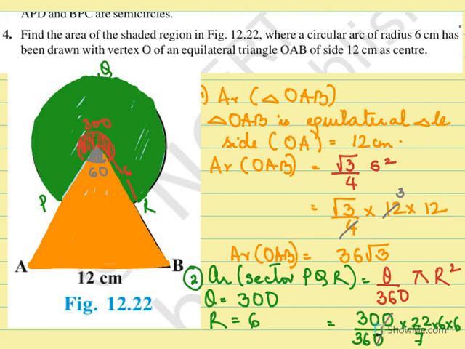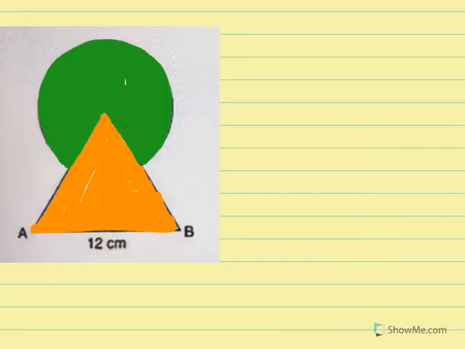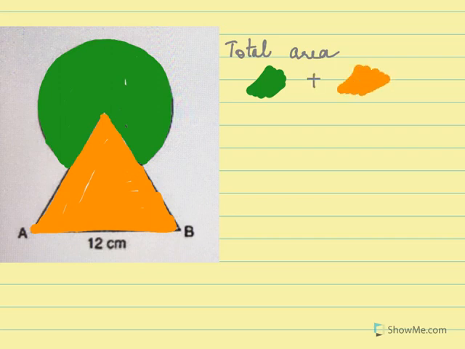So we will cancel this out. Then we have 6 ones are 6, 6 sixes are 36. This 2 cancels. So we have 30 into 22 over 7. So total area is equal to the green, which is of the sector, plus the yellow, which is of the triangle.